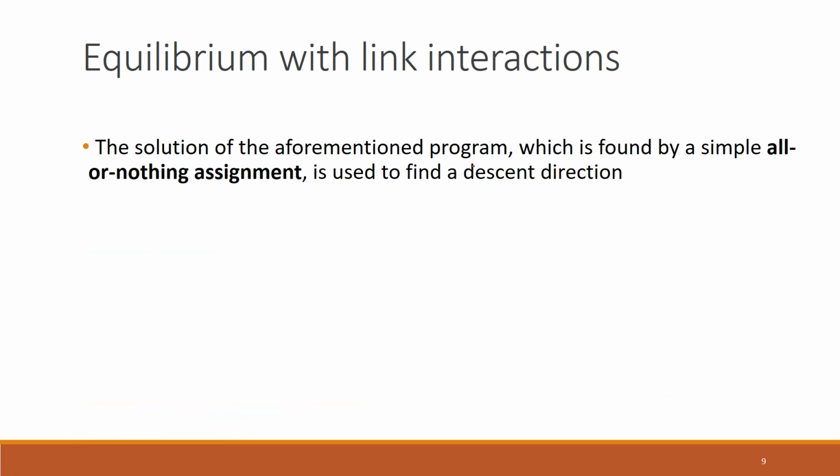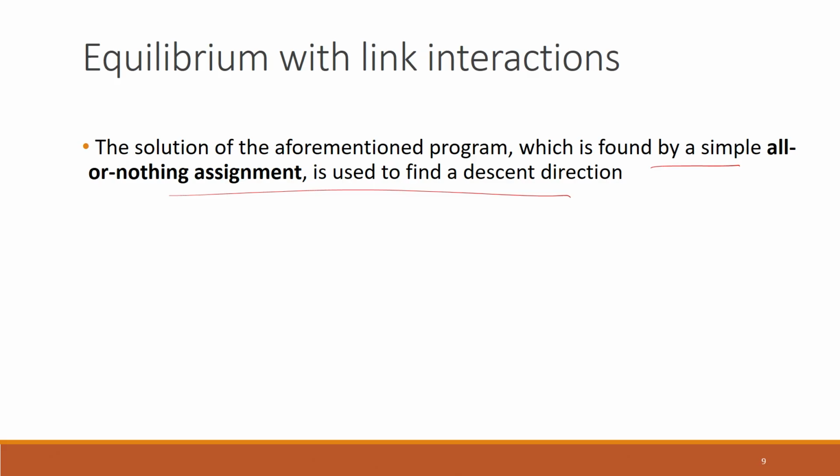So, the solution of this aforementioned program, that is this linear program, can be found by simple all or nothing assignment. Okay. So, this also we have seen before. Since the travel times are constant in this direction finding step, we do not even need to solve this linear program.